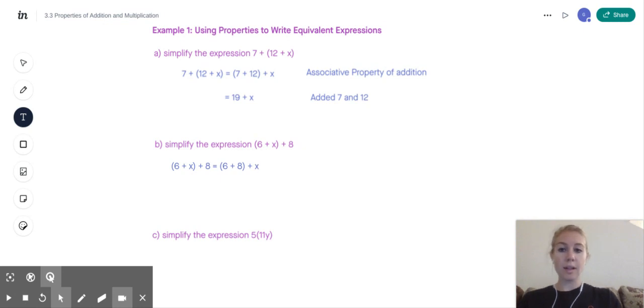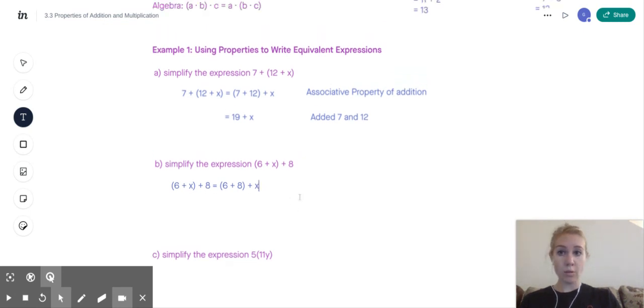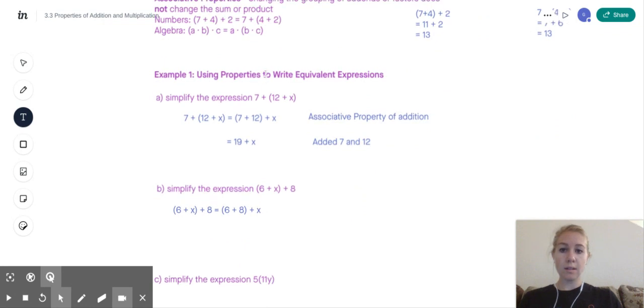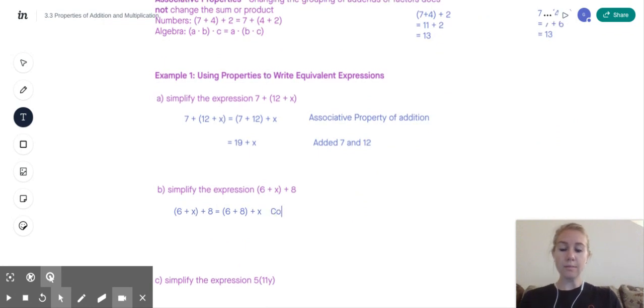So let's see. Did we change the order? 6, x, 8; 6, 8, x. We changed the order. So which one is changing order? Oh, that's the commutative property.